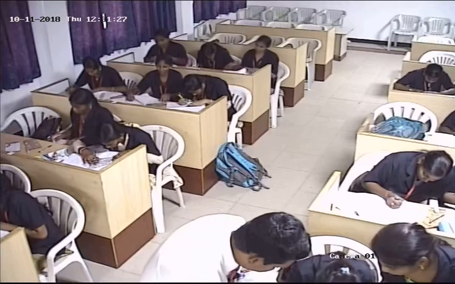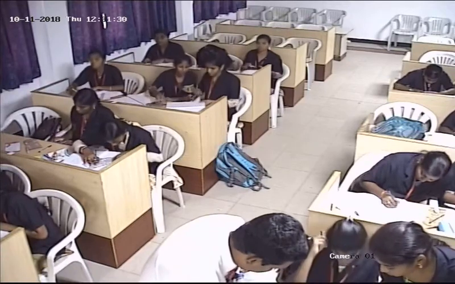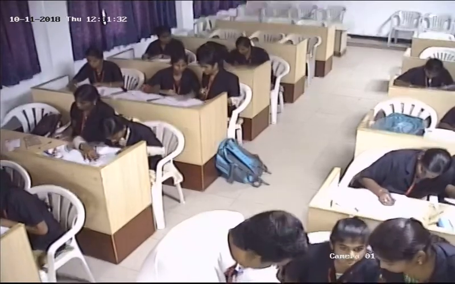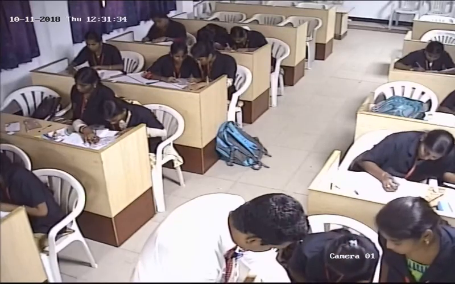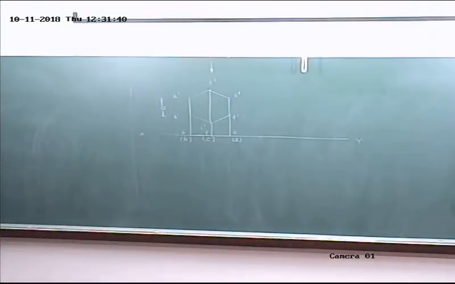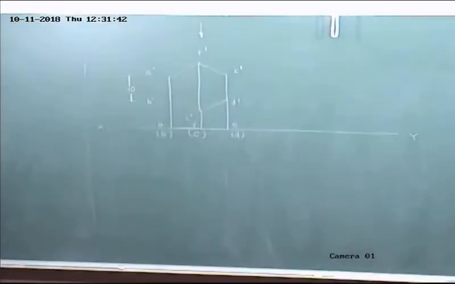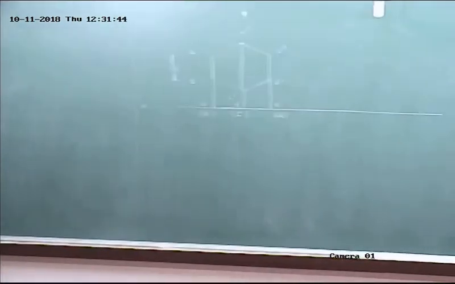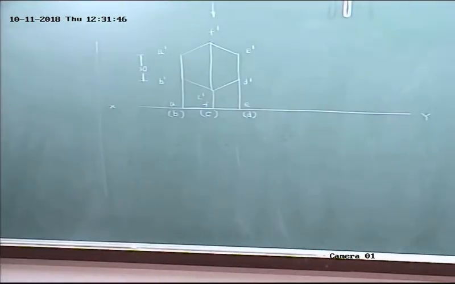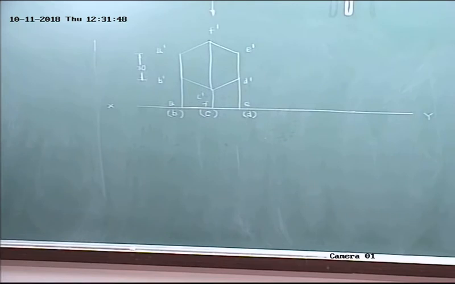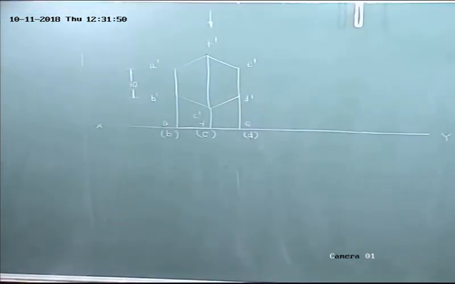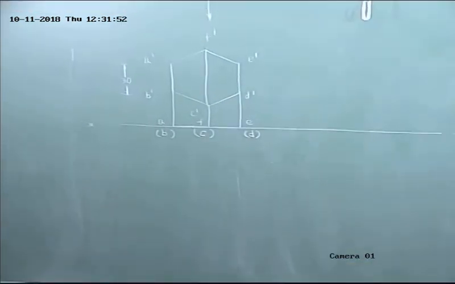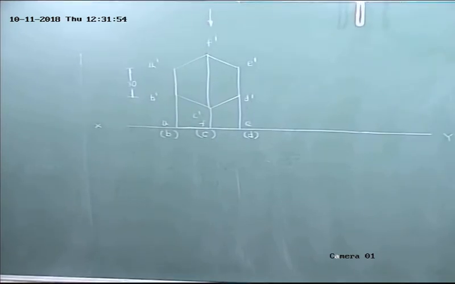So 90 degree, then 100, refer this, 90, 100, 110, 120. Okay, here, this is our reference point, this is our reference line. The intersection point should be placed on our reference point. Okay. 0, 90, here take this 100, 120.